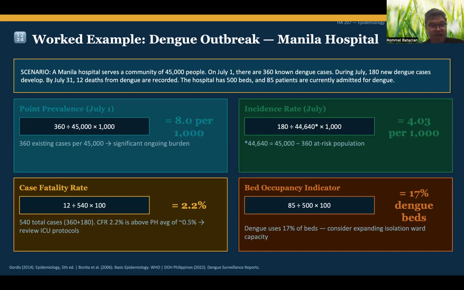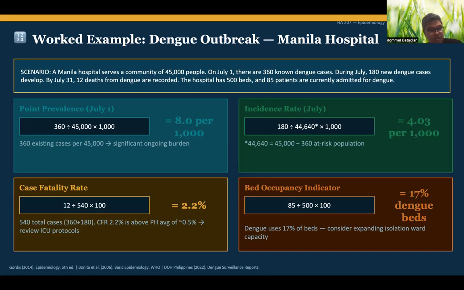How about case fatality rate? So we mentioned here that there are 12 mortalities from dengue. So we would define now the total cases. Total cases would mean the old cases and the new cases. So you add 360 to 180, so that's 540.